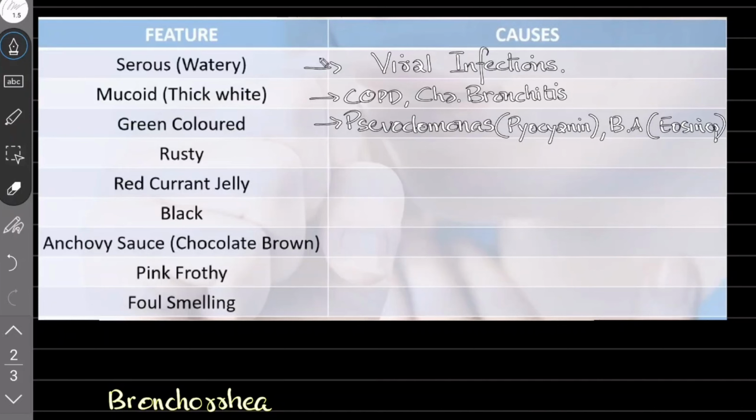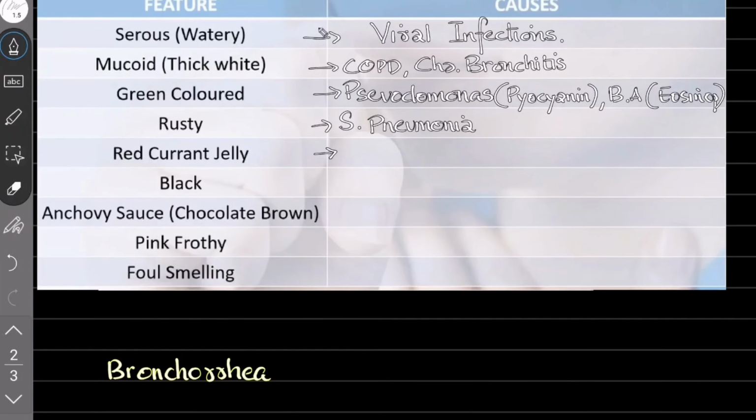Next comes the rusty sputum, seen in Streptococcus pneumoniae. Next is red currant jelly sputum, seen in Klebsiella infections.